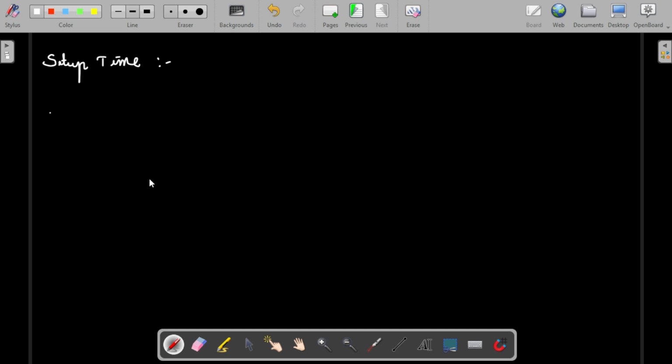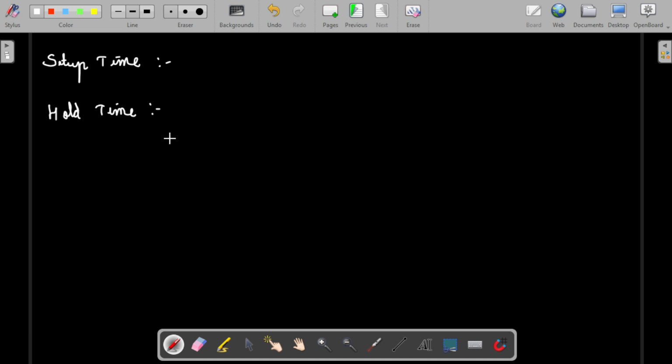Hold time is another concept, the time for which the input must be maintained. It is the minimum time for which the input must be maintained constant after the clock change.